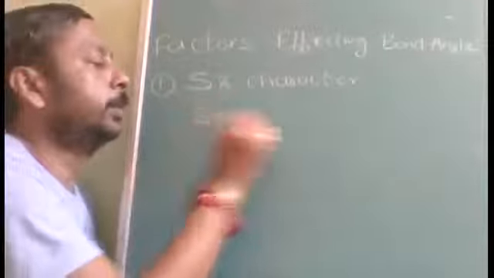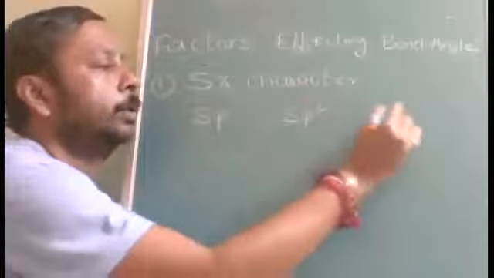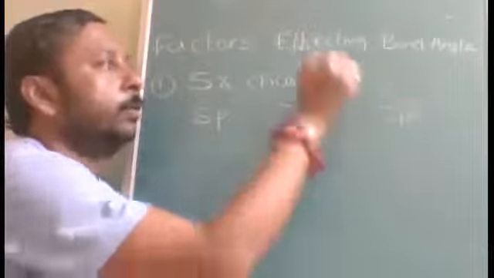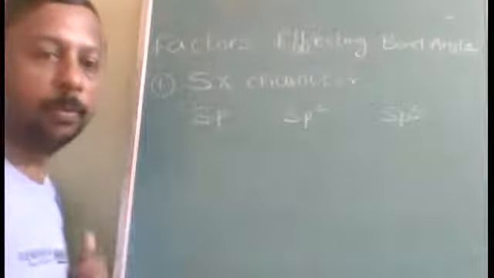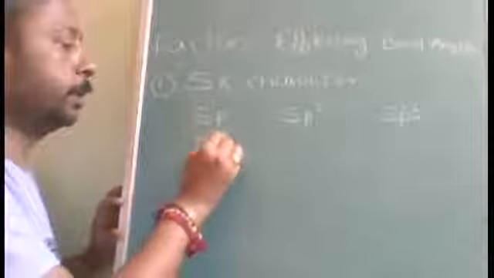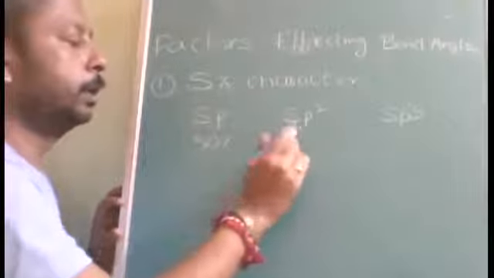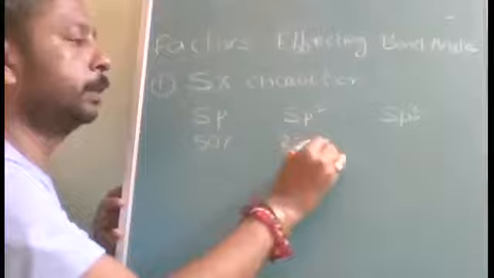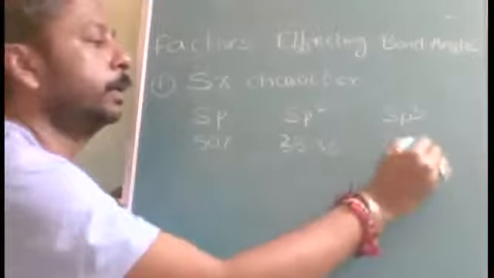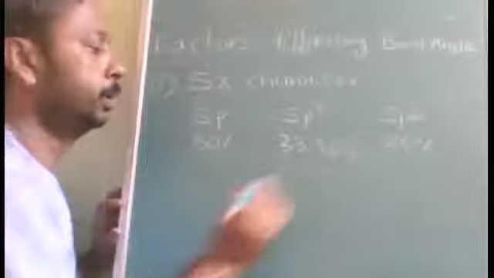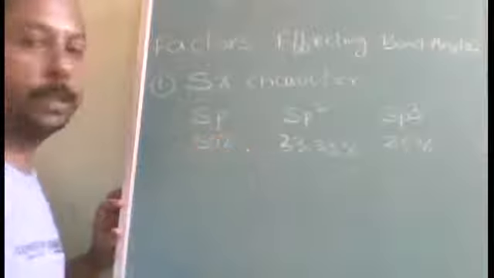Let us take sp hybridization, sp2 and sp3. On arrangement only, immediately you will come to know: 50%, 33.33% and 25%. Is that understood? This is about the percentage of s character.